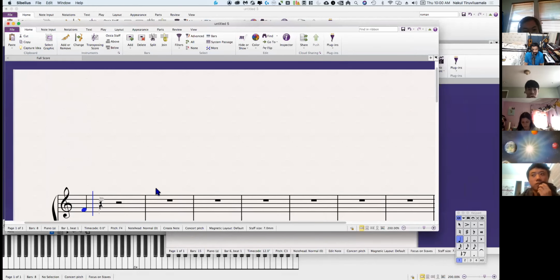Mozart, da da da da da da da da da. I'm not actually sure if this is Mozart, the way Mozart wrote this, but you can kind of imagine 1 2 3.